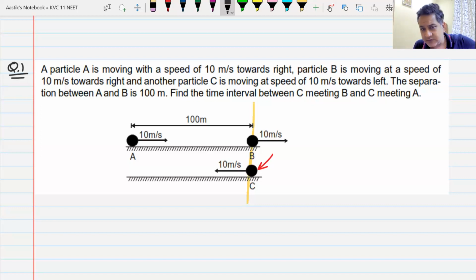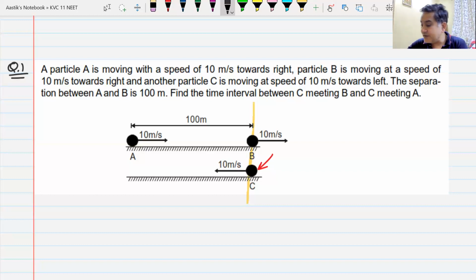We have dealt with velocity of separation and velocity of approach. In this question, is it velocity of approach or is it velocity of separation? Are they approaching or are they getting separated? Remember, between A and B, it is neither velocity of separation nor velocity of approach.